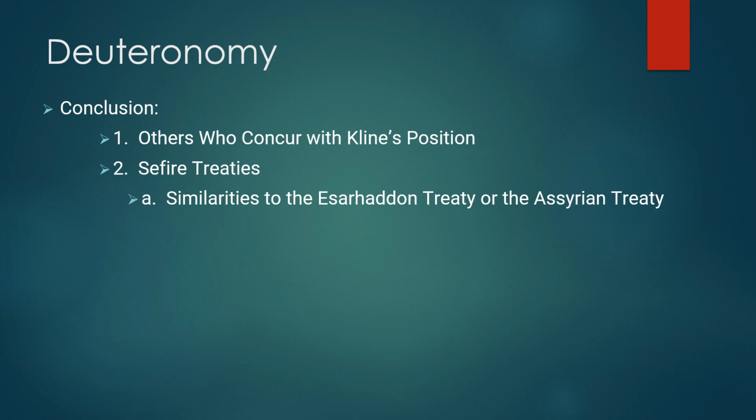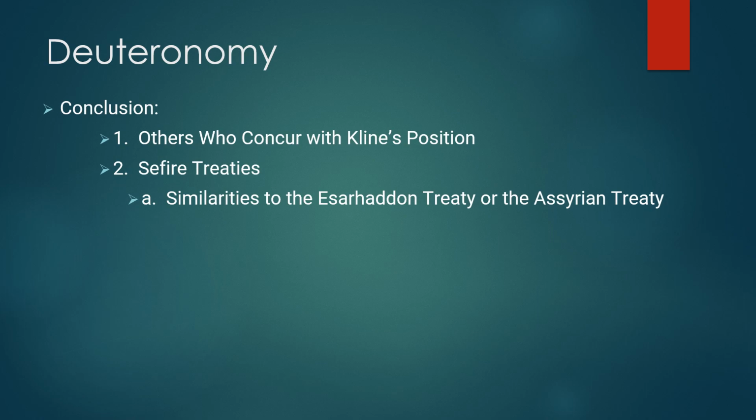Small a in the outline, similarities to the Esarhaddon treaty, or the Assyrian treaty. What we're going to notice next will be Sefire's similarities to the Hittite treaties. They have certain similarities to both sets of treaties, that is, to the Hittite and to the Assyrian treaties. Similarities, first of all, to the Assyrian treaties.